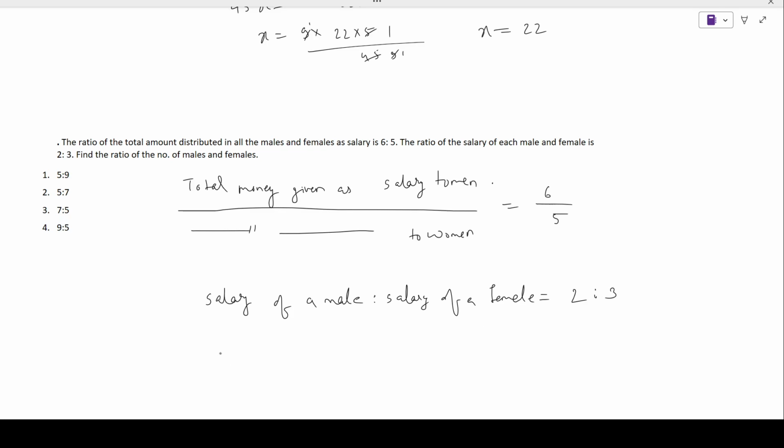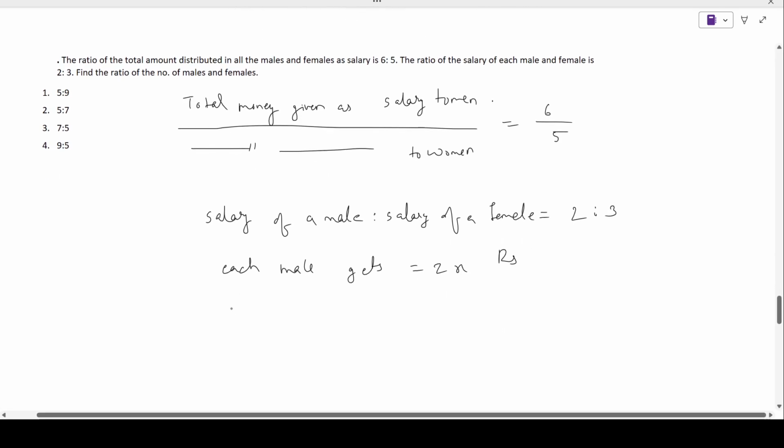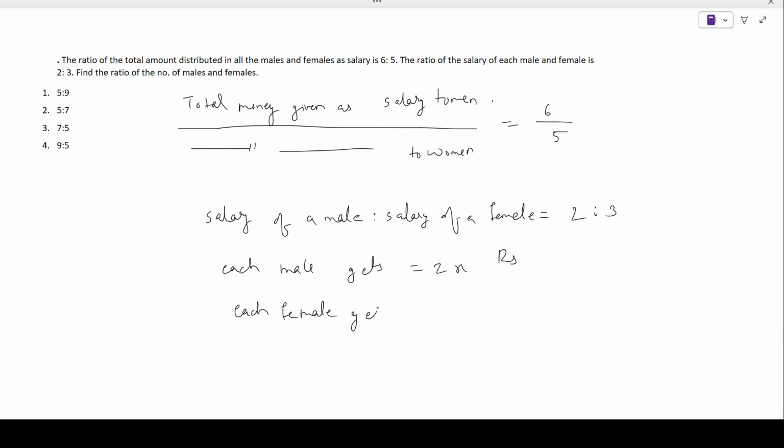Let's suppose each male gets 2x rupees, then each female gets 3x rupees.